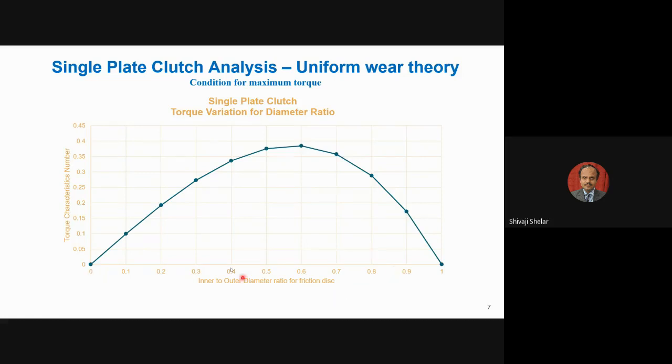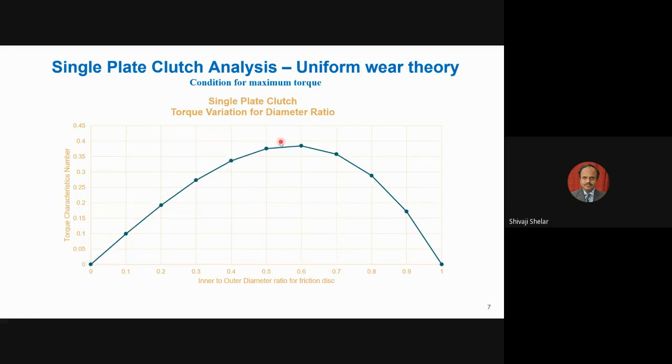From this graph, there is a maxima point somewhere here. If you come down here, the maxima occurs around 0.577. So this graph tells that if you have a diameter ratio between 0 and 0.577, as you increase your diameter ratio, your torque carrying capacity increases.